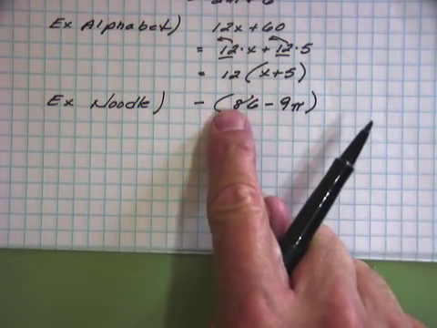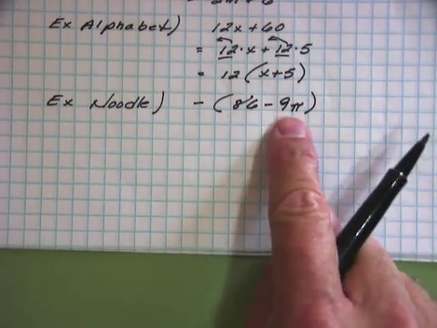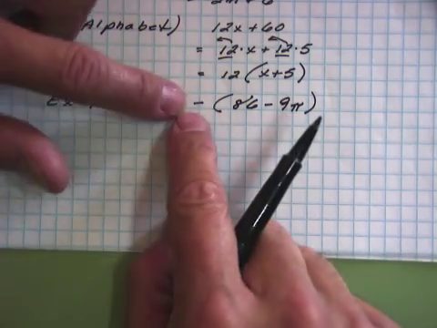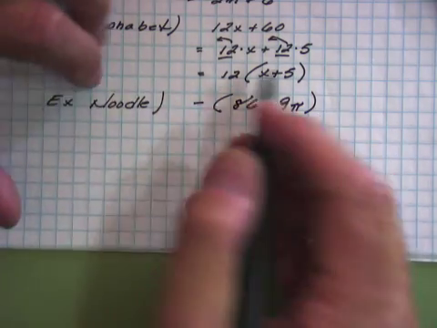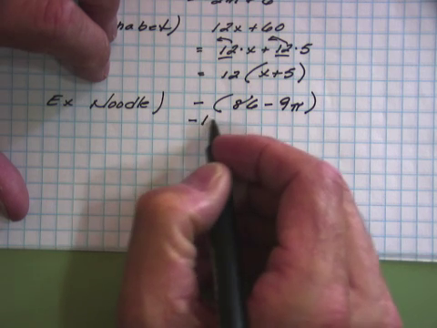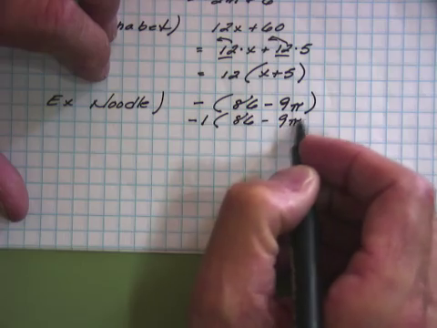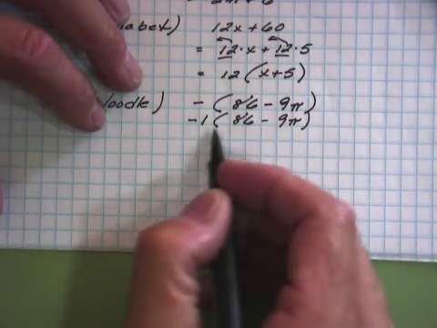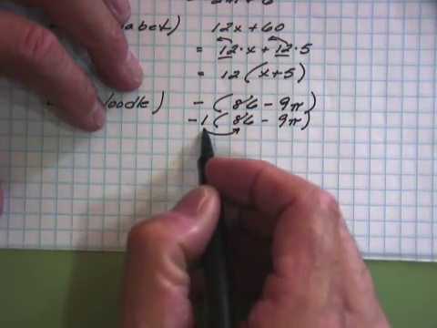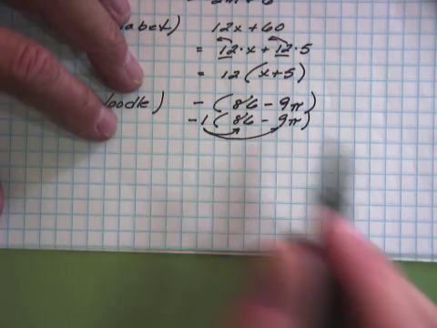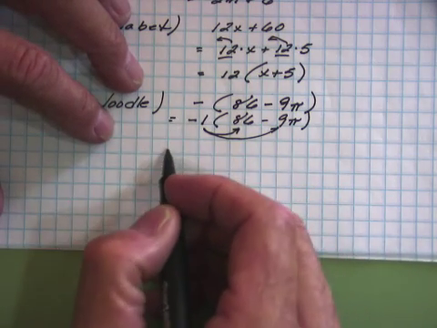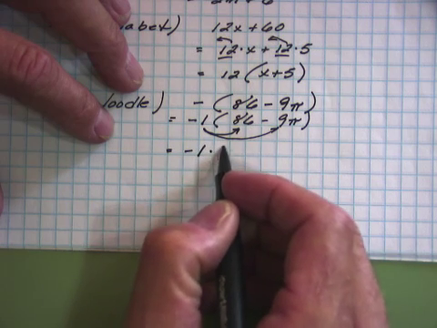And I've got 86 minus, let's just make it really weird, let's put 9 pi, okay? So I've got negative, then the parentheses, 86 minus 9 pi. Well, if that negative is bothering you, rewrite the problem like this: -1 times 86 minus 9 pi. Now you have something to distribute.